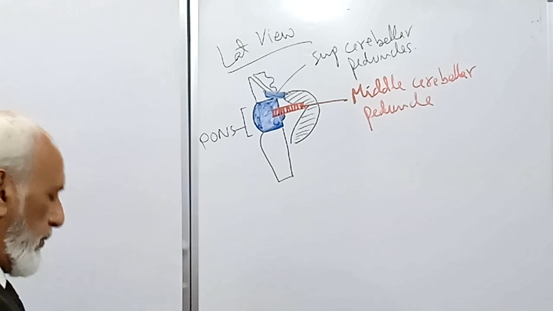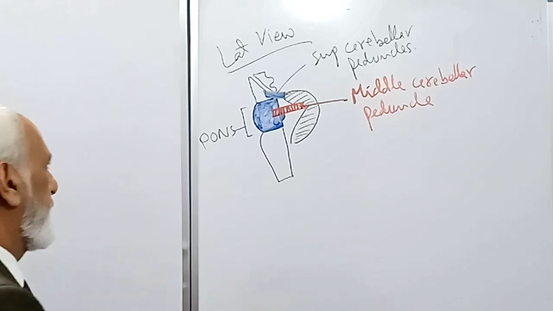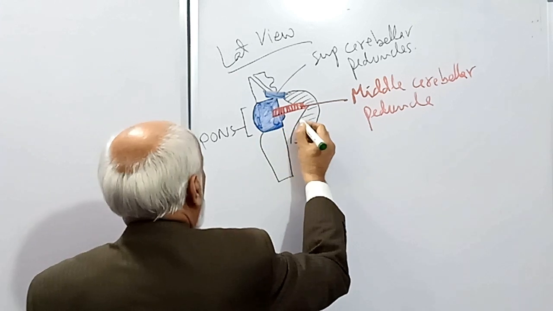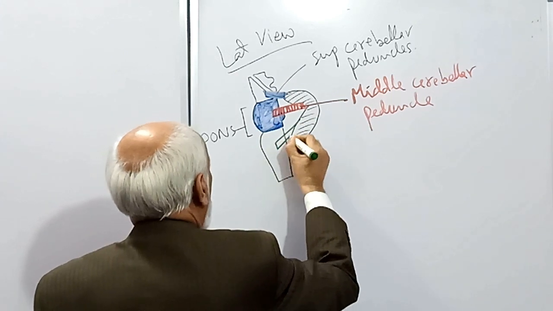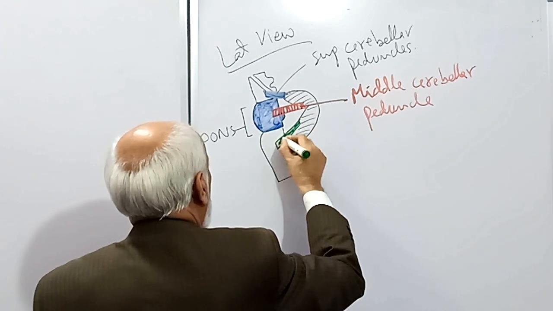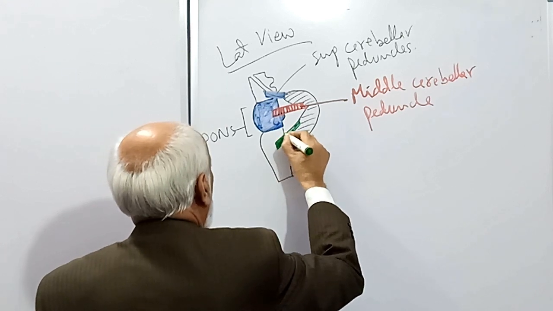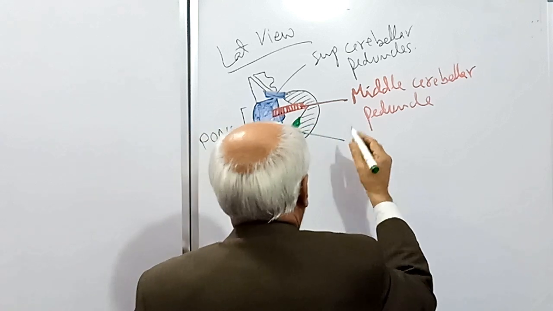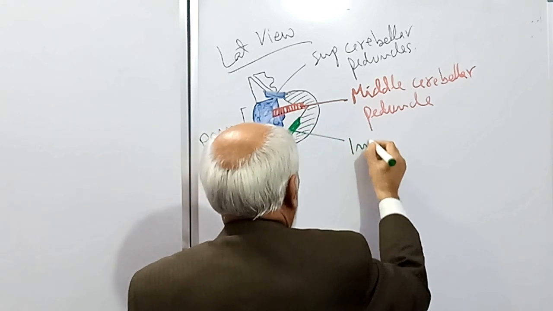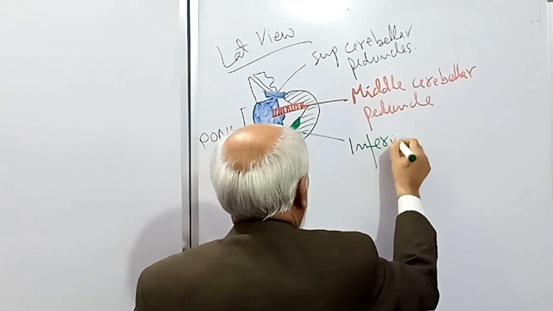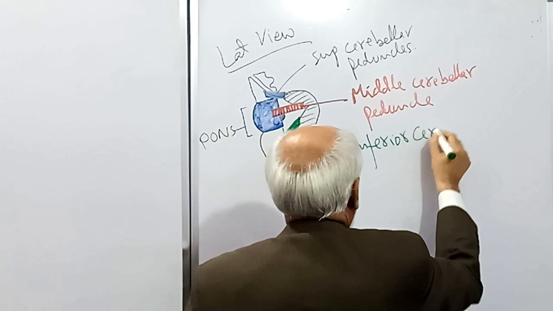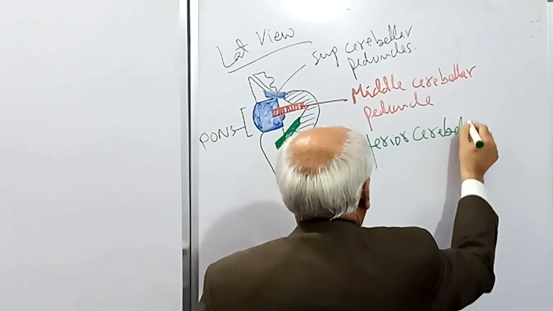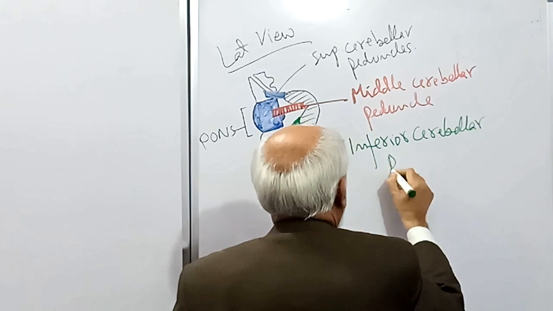Then again, a pair of inferior cerebellar peduncles, which connect the cerebellum with the medulla oblongata.